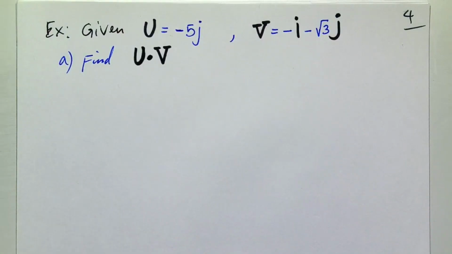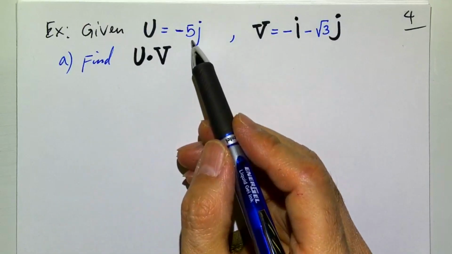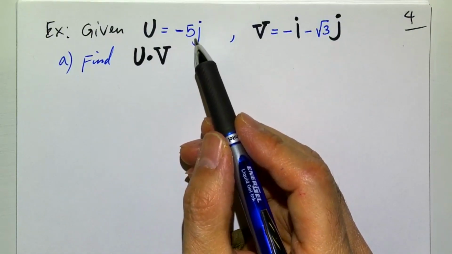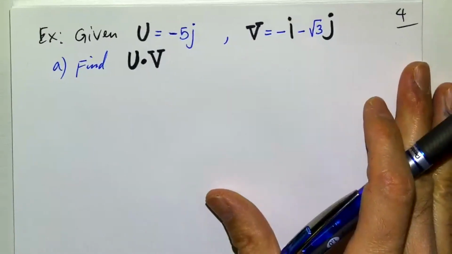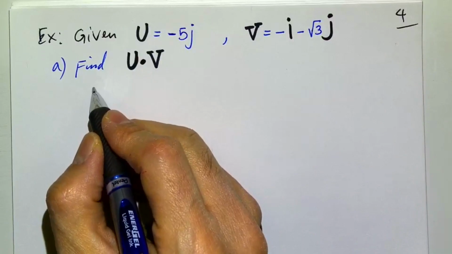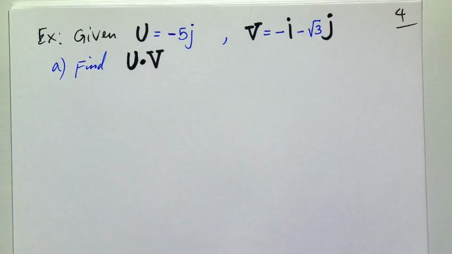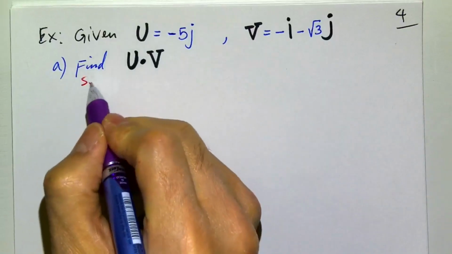All right, so let's convert these to their component form. Right now they're in ij form. So here's the solution for that.